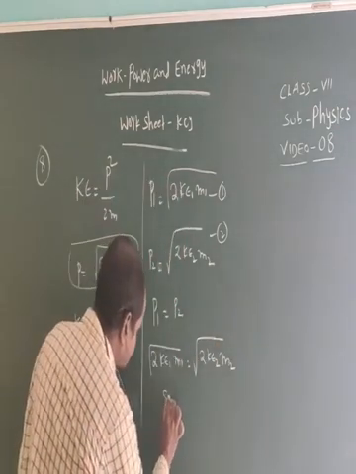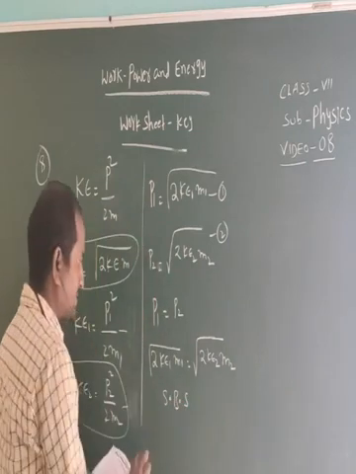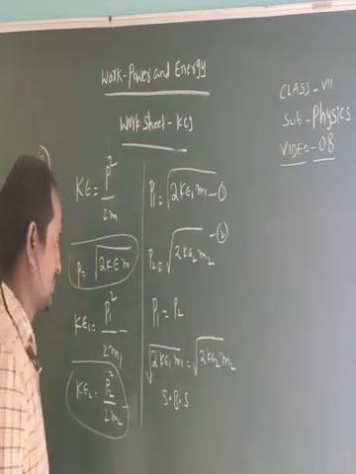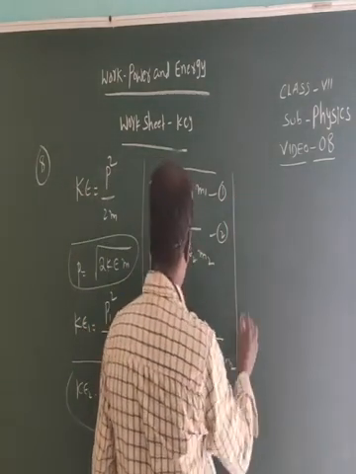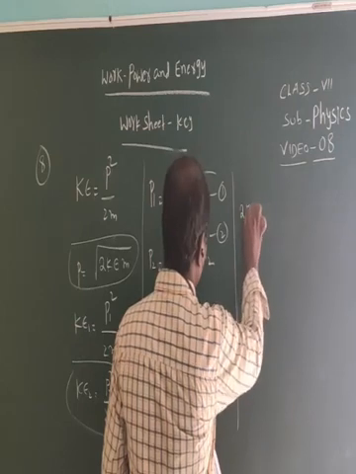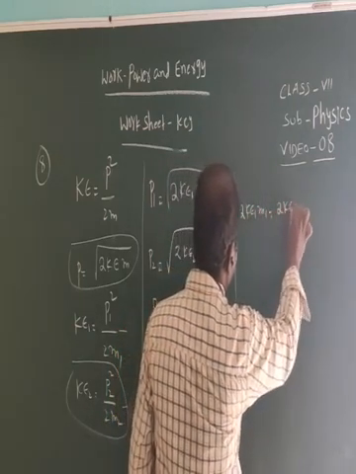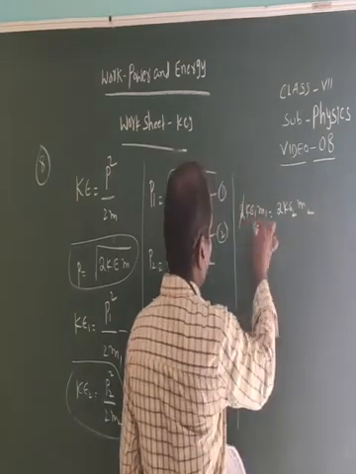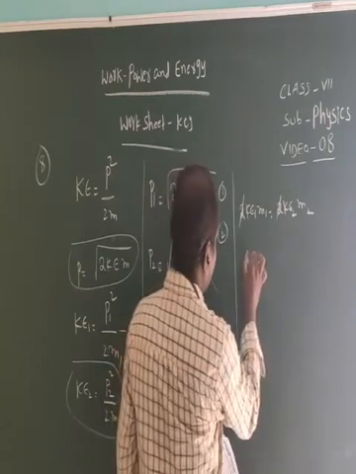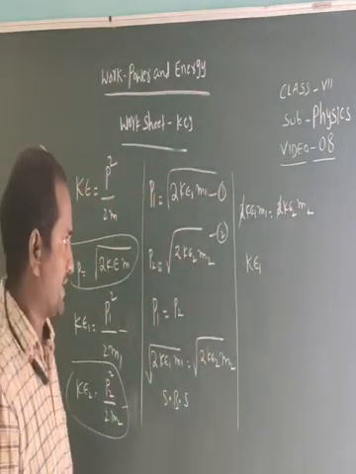Squaring on both sides, the root gets cancelled. That equals 2K1 M1 is equal to 2K2 M2. So here 2 gets cancelled. Our aim is to find the ratio between kinetic energy 1 and kinetic energy 2.